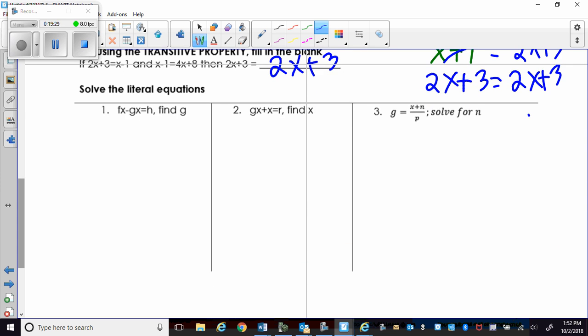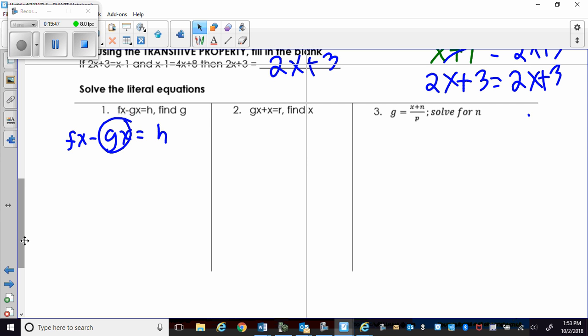Last part, to solve the literal equations. We're solving for g. I'm going to rewrite it. f of x minus g of x equals h. Circle what I'm solving for. Now, I need to get the g term by itself. So I'm going to subtract f of x on both sides.